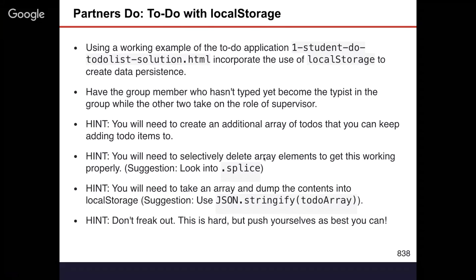So we're going to selectively delete array elements using this working concept properly. So what the goal is to create a singular array or singular JSON object to use and handle the same thing that we were doing before within local session, not individually, but within an array. All right?